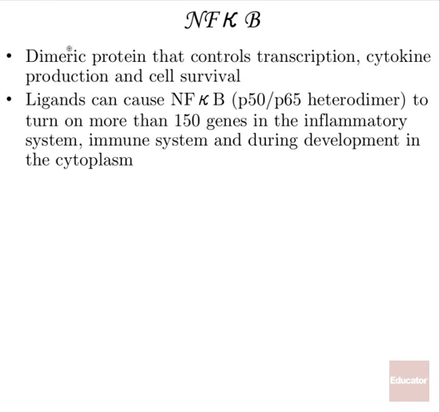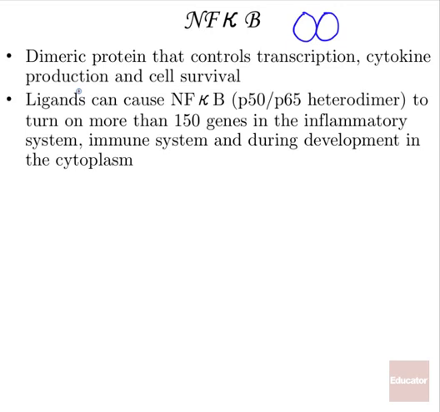NF-kappa B is a dimeric protein, meaning it has two parts, so we have to have two pieces of that protein. This protein helps control transcription as well as cytokine production and cell survival. Cytokines are just small protein molecules involved in immune system regulation.